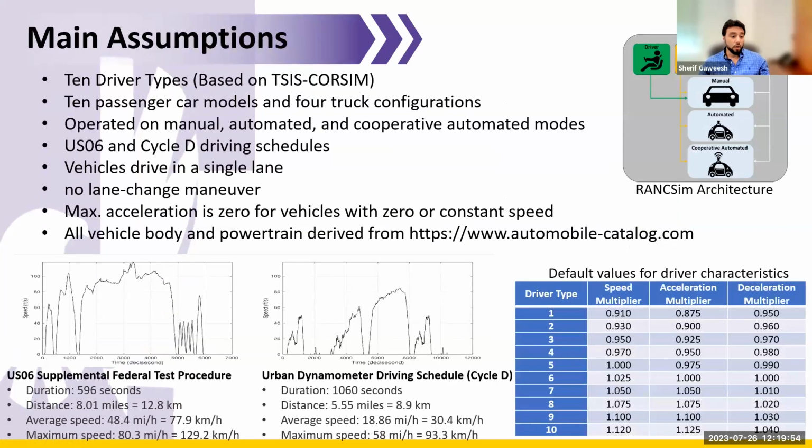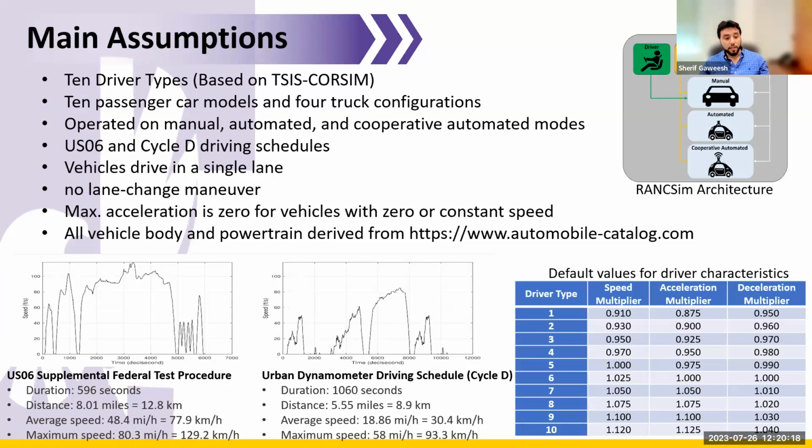To this end, RanSim, which is the vehicle dynamic simulation tool, was used to model and simulate the vehicle dynamics of 10 different passenger vehicles, as well as 4 different trucks. It accounted for, as I said, different operational modes and several driver characteristics.